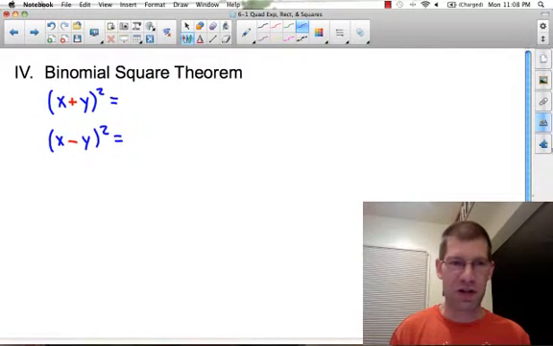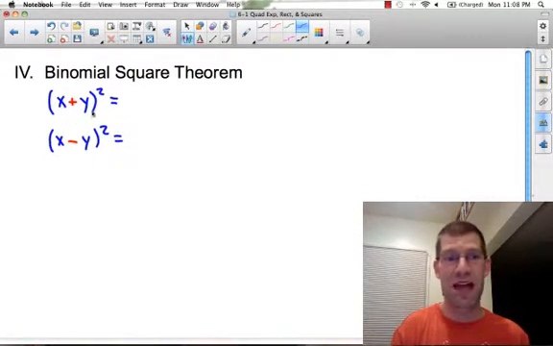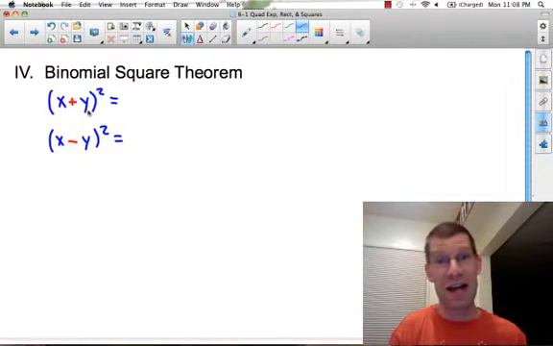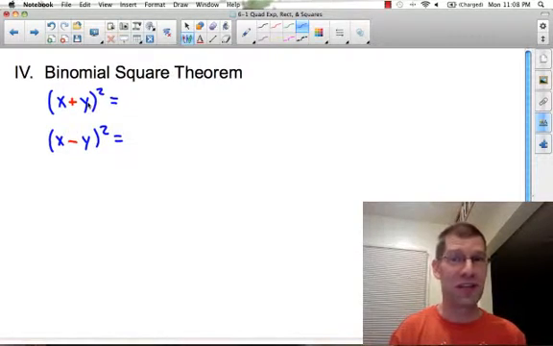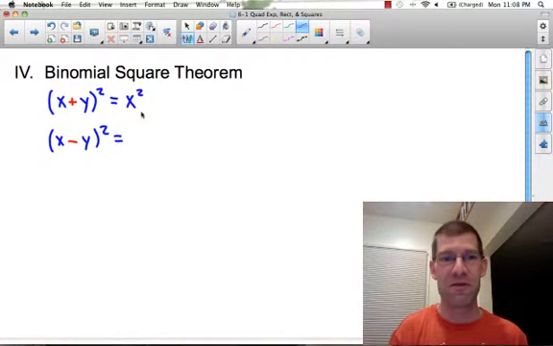Now the answers are going to be really similar. Both of them, if we go through and FOIL this, because remember this is x plus y times itself, or x plus y times x plus y, so we'd have to FOIL, which is going to give us a trinomial, a three-part thing. Both of them are going to start out, when we do the first, the F in FOIL, with an x squared. And then as we do the outside and the inside, those will always be able to be combined. I'm going to leave the sign out here, and that's going to end up being a 2xy.